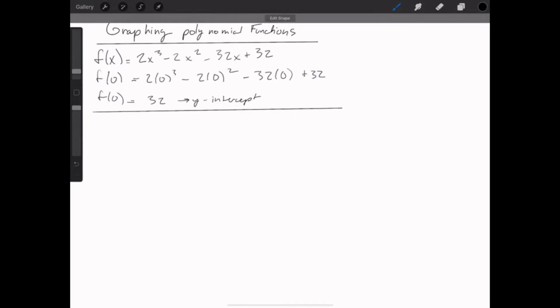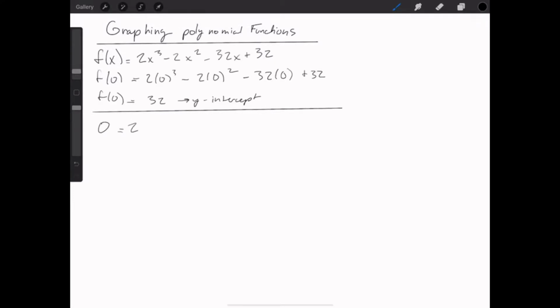Next, to find the x-intercepts, like I said before, our equation doesn't give us the zero product property, or doesn't show us it automatically, so we have to find that out. So to do this, we can make our equation equal to 0. So 2x to the third minus 2x squared minus 32x plus 32.